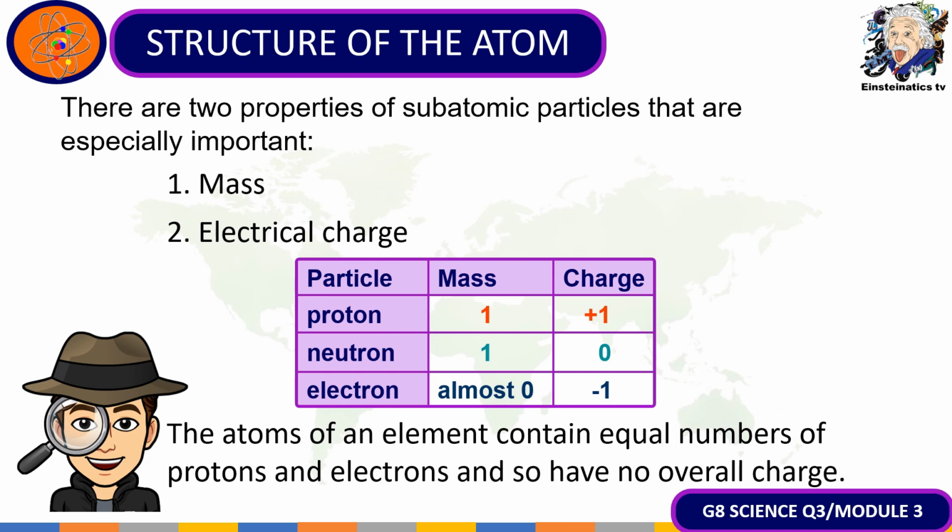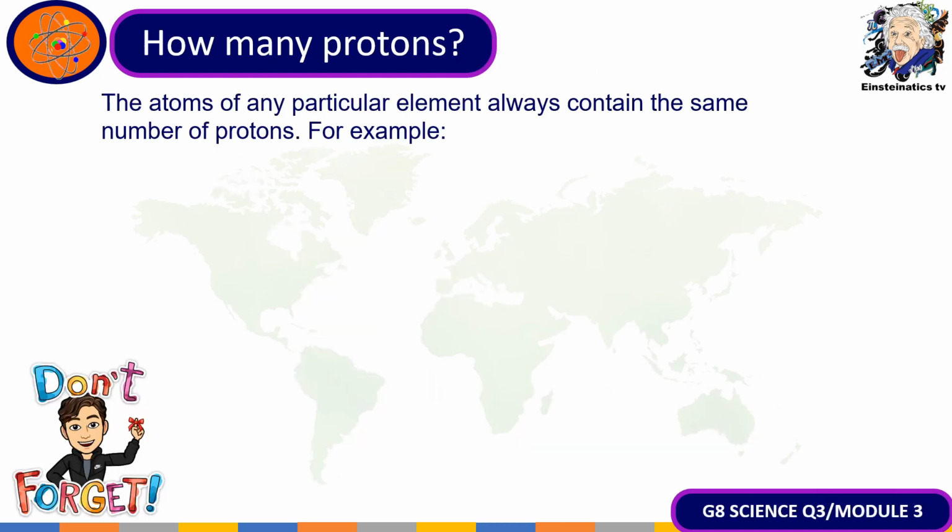This time, let us try to determine how many protons a certain element contains. Now, we should always remember that the atoms of any particular element always contain the same number of protons. Ibig sabihin, bawat element meron siyang certain number of protons na hindi nababago.